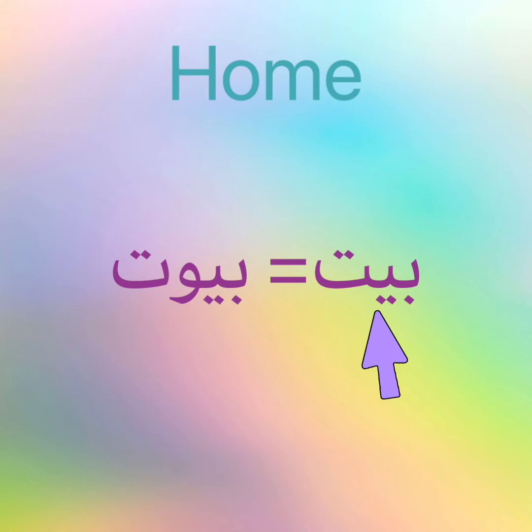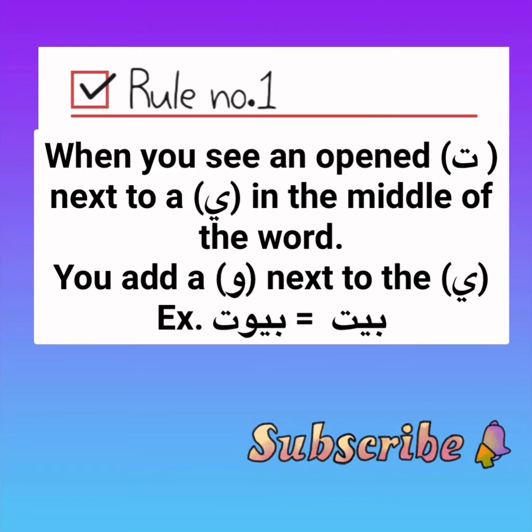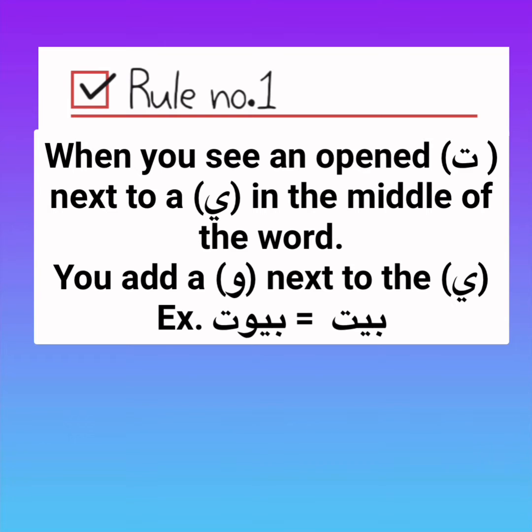In the last video, we took some words like home, which means bait, and the plural of it was biyut, because of the rules. We took 2 important rules in the last video. Let's repeat them again. Rule number 1: when you see an open ta next to the ya in the middle of the word, you add a waw next to the ya, like bait, biyut.